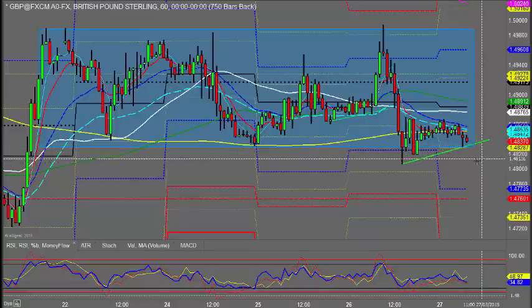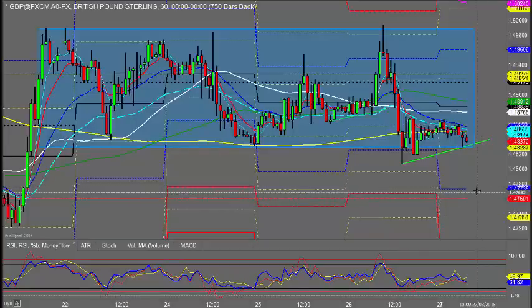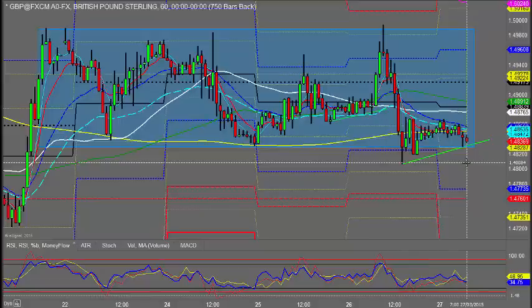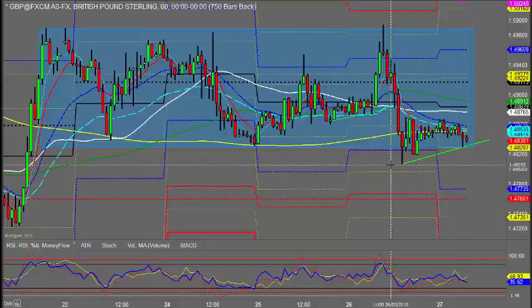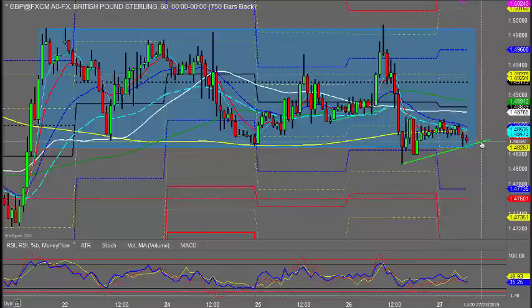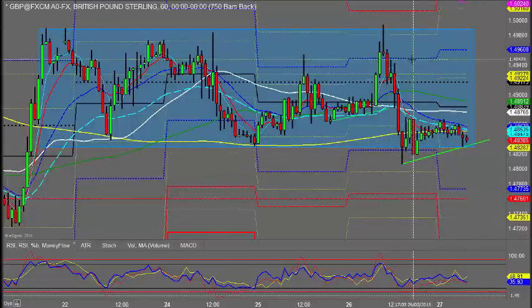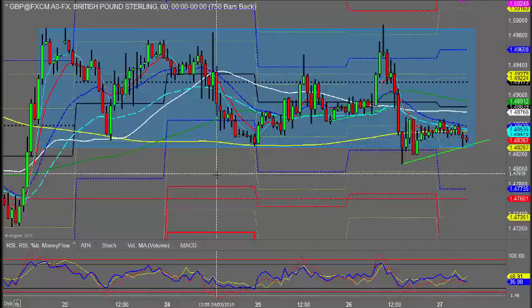Now in terms of targets, there's a potential daily S1 there, but initially at least there's yesterday's lows and then the daily S1. So it's certainly a possibility. Now there's no real trend with this currency, so it's just really a case of playing what's there.